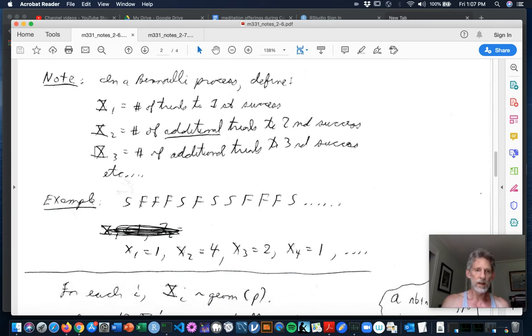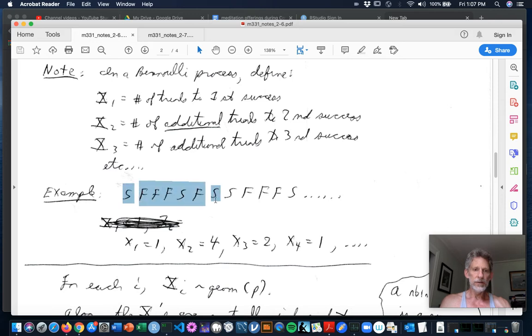forever. So for example, if this was the way the Bernoulli process started out, then the x1 would have to be 1. The x2 would have to be 4 because of this. The x3 would have to be 2 because of this, and so on.